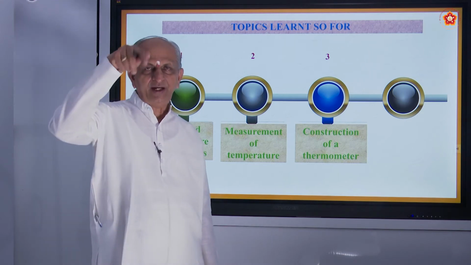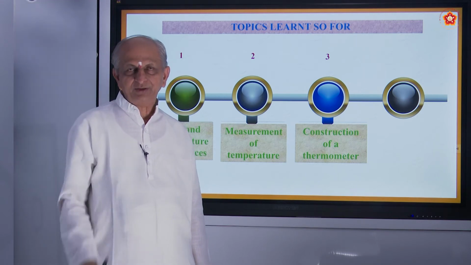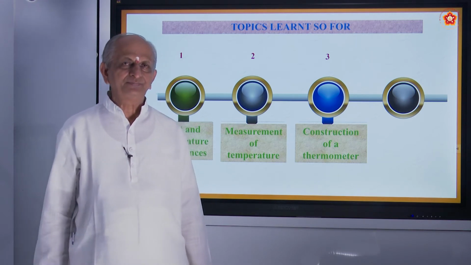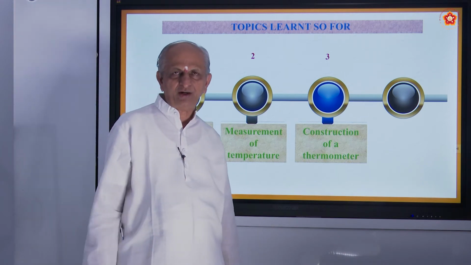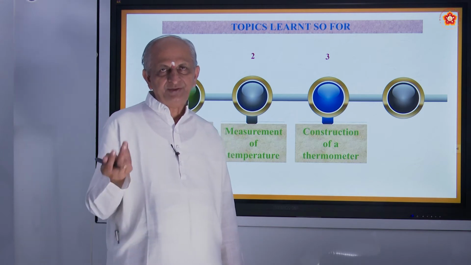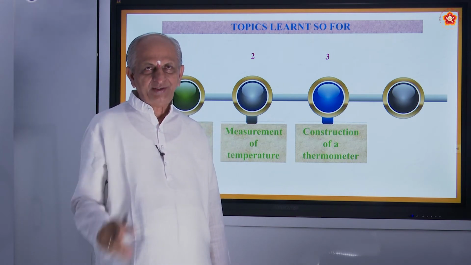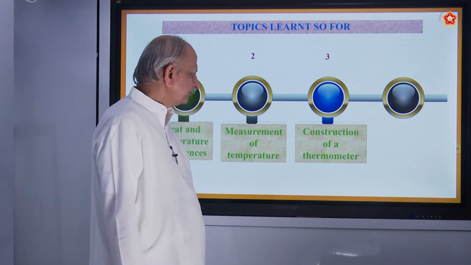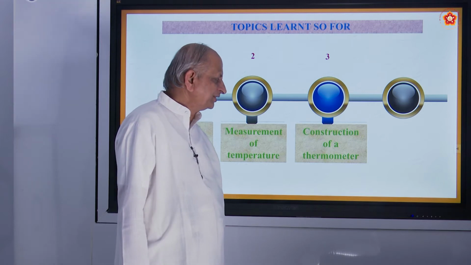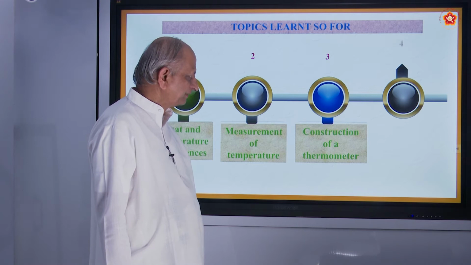One of the ends is sealed, the other is filled with mercury and then sealed. When it is kept in ice, the lowest temperature is recorded. When it is kept in steam or boiling water, the highest temperature is recorded in the case of a laboratory thermometer, right? And that is how a thermometer is constructed.